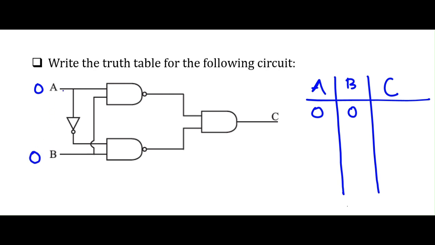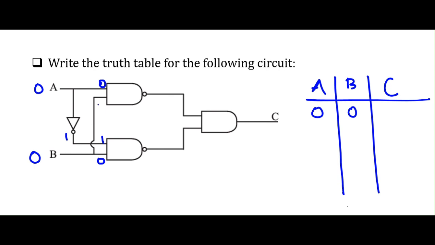So look what is happening here. This 0 will be acting as input here also, and there is one channel here. So this 0 will be passing through this NOT gate. So it will be 1, and then this 1 will be one of the inputs here. And now this 0 will be here, and there is nothing like a NOT gate or some other gates here, a simple connection.